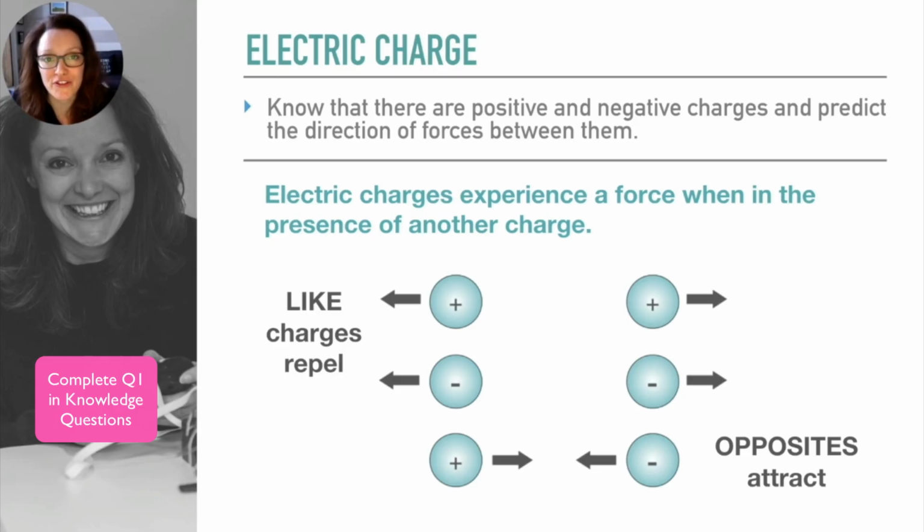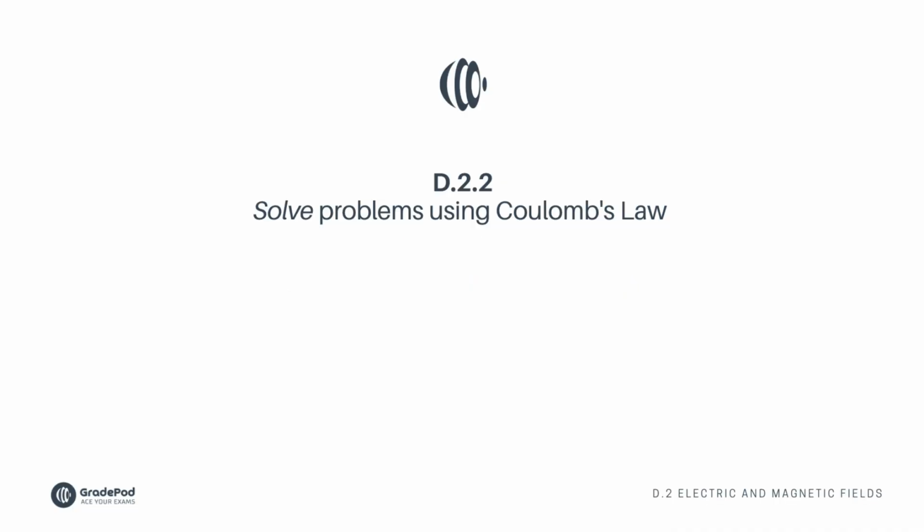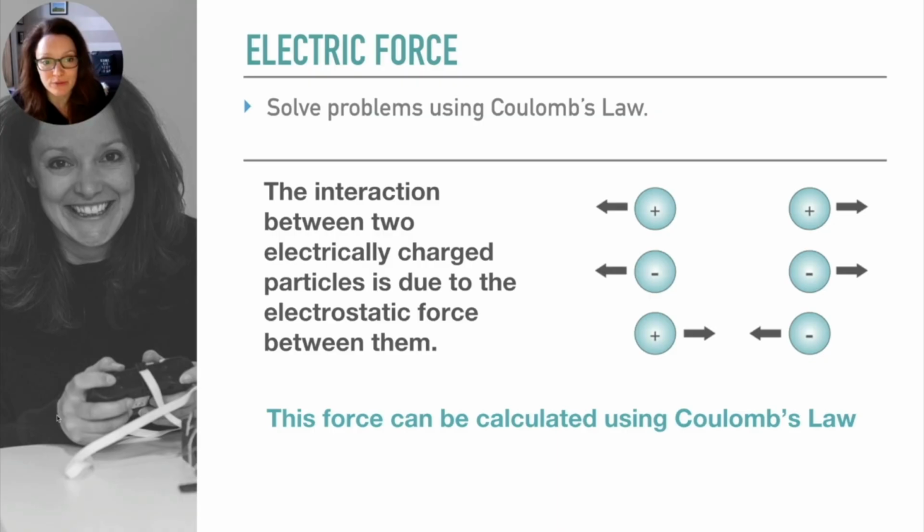So we dealt with the first learning objective that was shown on my sheet. The next learning objective was to solve problems using Coulomb's law. I'm going to explain to you how Coulomb's law came around, and we're going to do some problems on solving Coulomb's law. The interaction between two electrically charged particles is due to the electrostatic force between them.